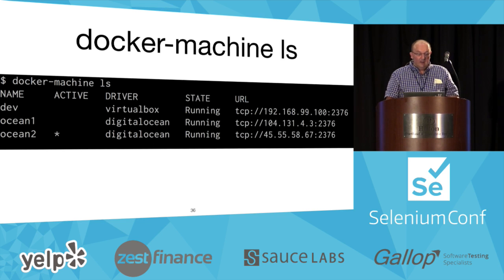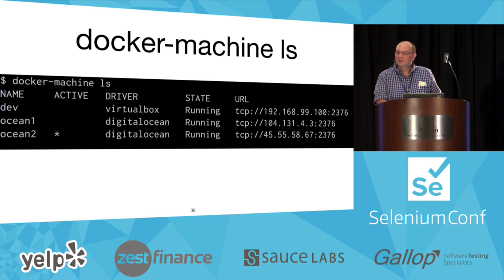On my laptop, when I say docker-machine ls for listing, it says I have 3 machines running. In the earlier 2 demos, I was actually running VirtualBox on my Mac, because a Mac cannot natively run the Docker engine. So, boo. You may have these kinds of problems.